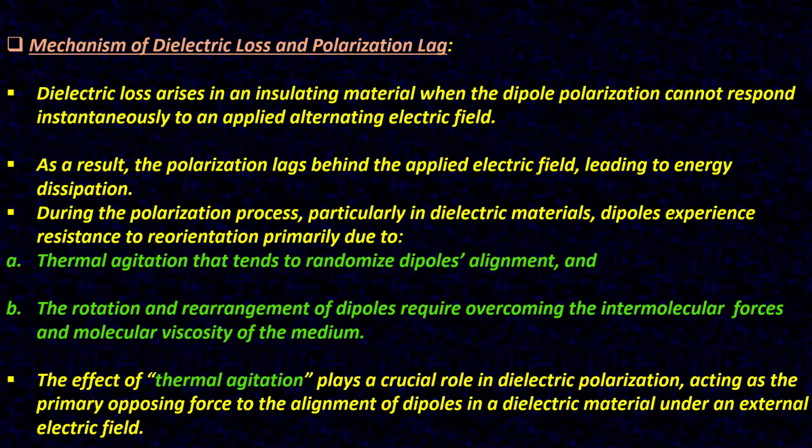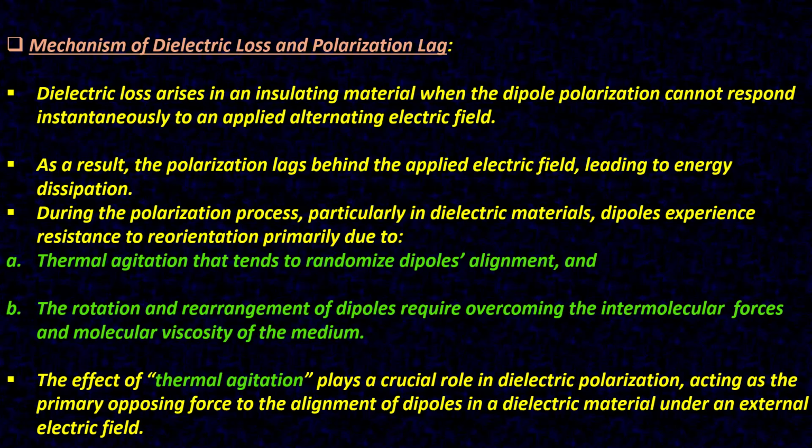Mechanism of dielectric loss and polarization lag. Dielectric loss arises in an insulating material when the dipole polarization cannot respond instantaneously to an applied alternating electric field. As a result, the polarization lags behind the applied electric field, leading to energy dissipation.